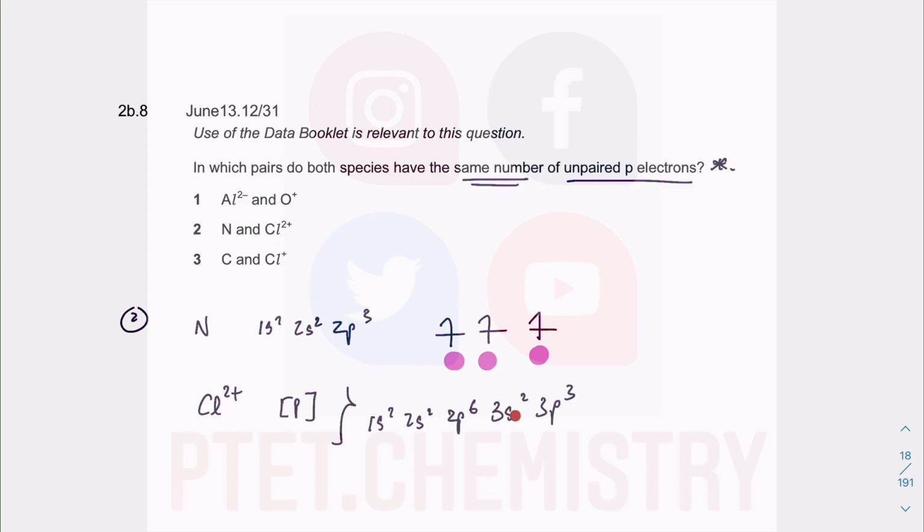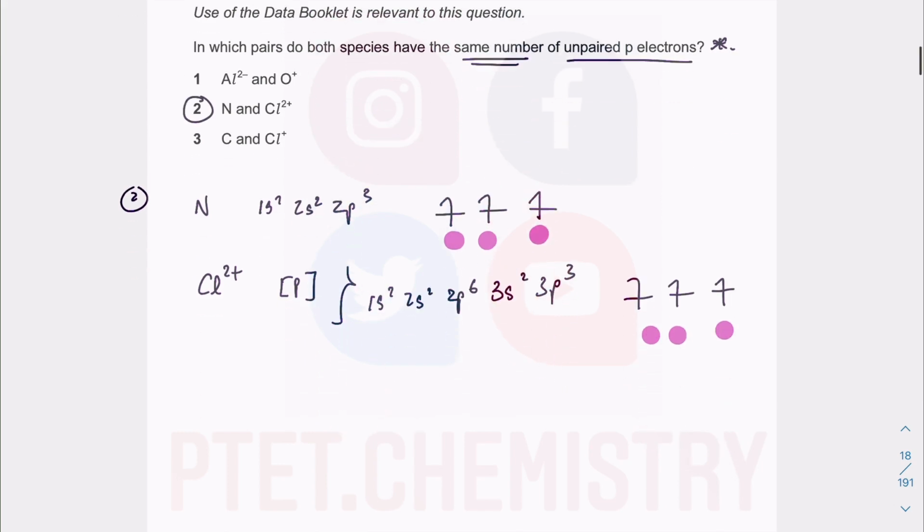Now you only have 5 outer shell electrons because you have lost 2. Originally you have 7 outer shell electrons. Now you only have 5. 2 plus 3 is 5. I look at the 3p. I have 3 electrons in the 3p orbitals. They are unpaired. Alright, so 2 will give me what I want, the same number of unpaired p electrons.